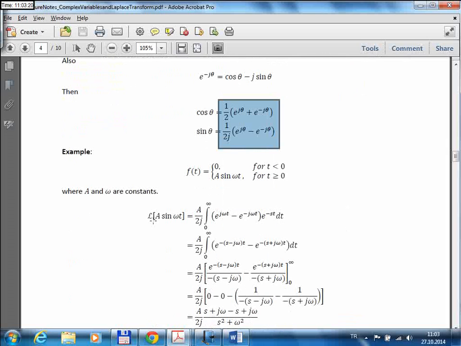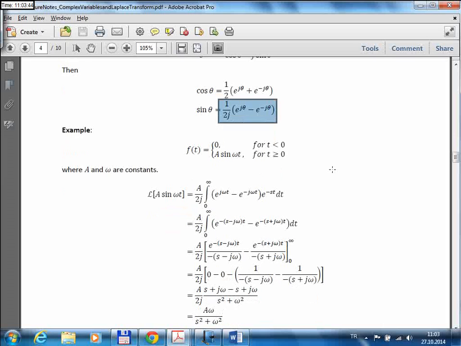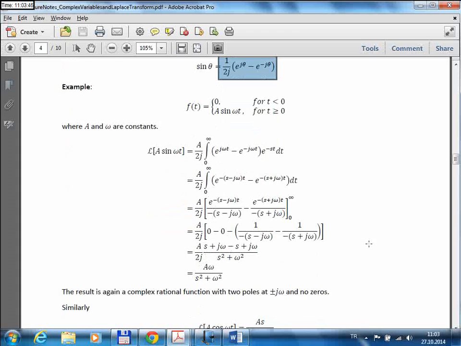So next, let's compute the Laplace transform of this function. We need to take this function and put it into the defining Laplace integral. a is a constant number. This can be directly taken out of the integral. And then for sine omega t, we use this equality. So we use this relation to represent sine omega t. I don't really want to go through the integral step by step.